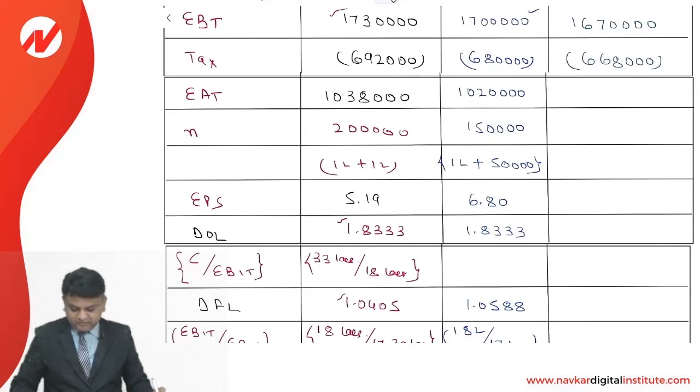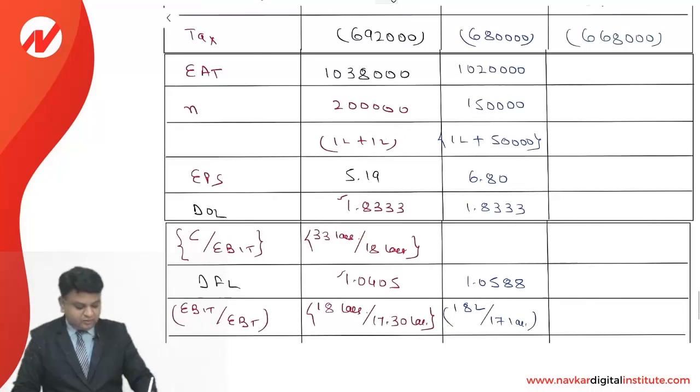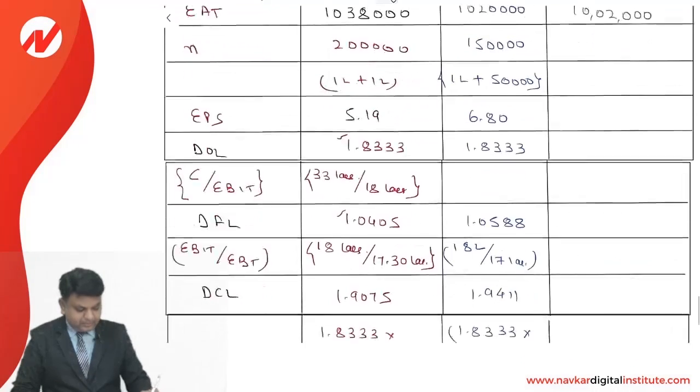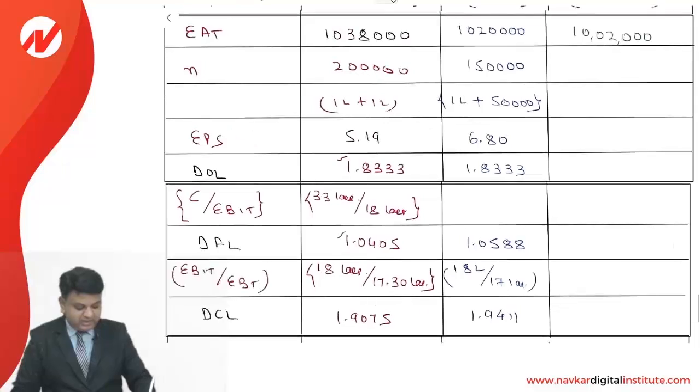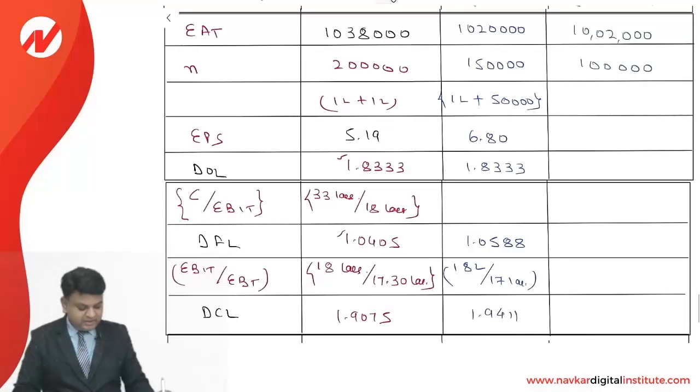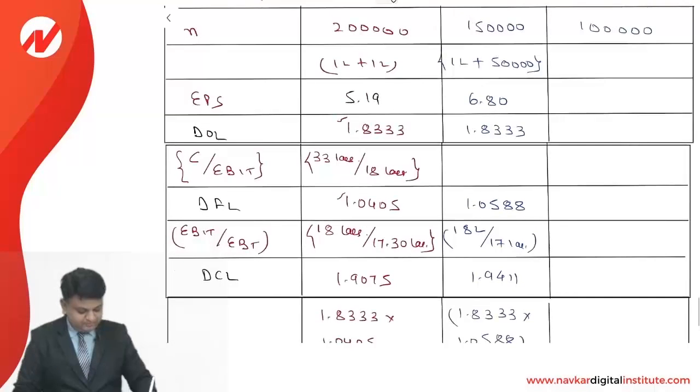It is deducted from 16,70,000. So it is 10,02,000. Number of equity shares will remain 1 lakh itself, because it is entirely the debt financing. There is no equity financing. So earning per share calculation is very simple. It is 10.02.